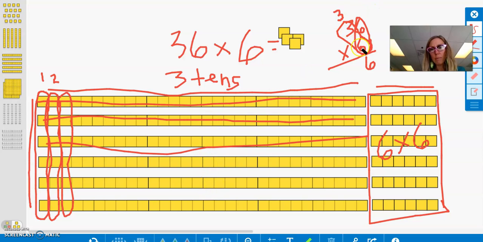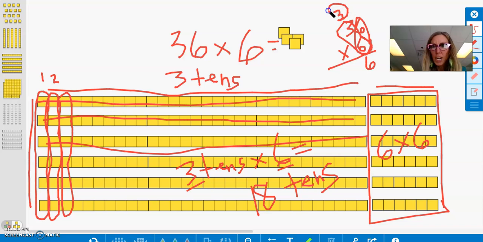So 3 10s times 6 is how many total 10s? Well, 3 times 6, or I could count them up. 1, 2, 3, up to 18. 18 10s. Which some of you are saying, well, that's 180. It is. But when I'm writing it like this, I would just say that's 18 10s.